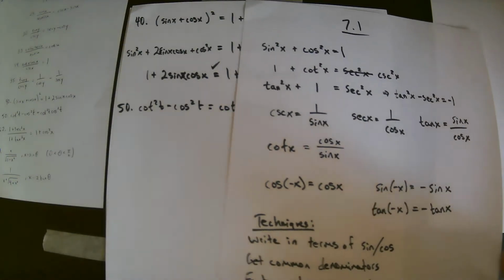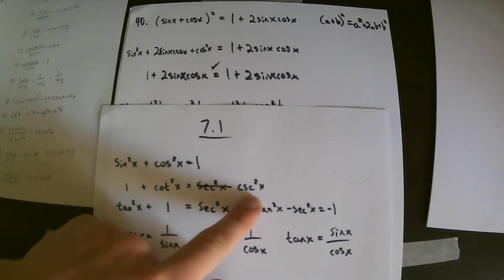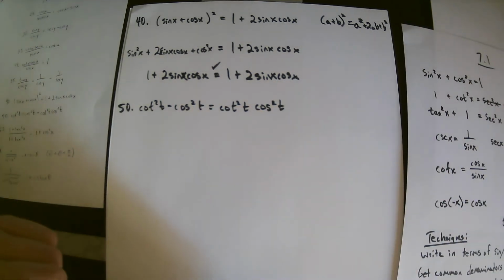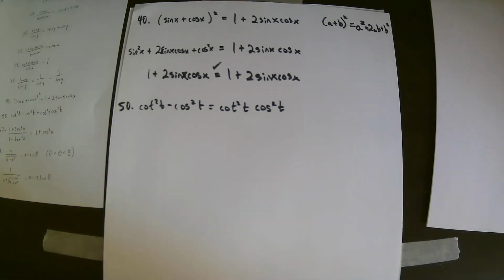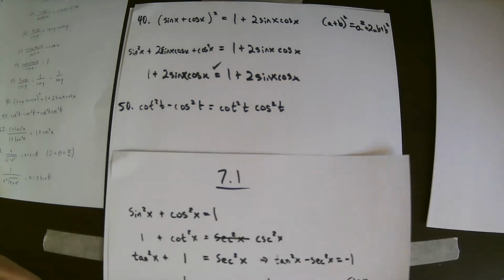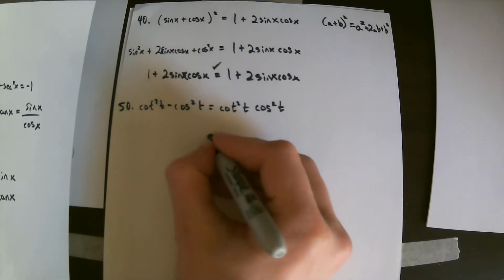So cotangent squared, where are my Pythagorean identities? Cotangent squared should be equal to cosecant squared minus 1. I'll subtract the 1 over. Is that what I want to do, though? I didn't work every single one of these out, so I may not have the best plan. Let's just do it. Let's see what happens.